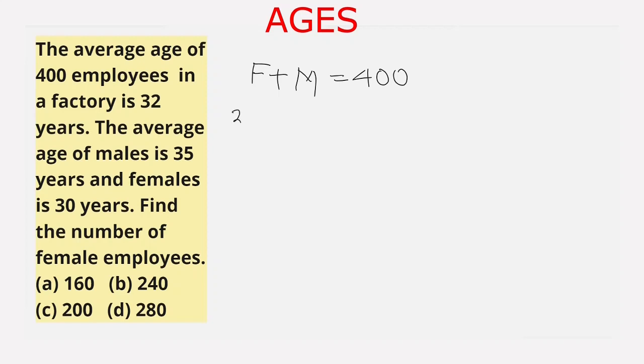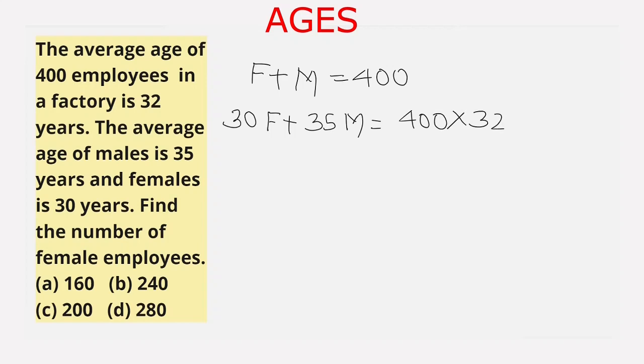So 30 times F is the total age of all the females in the factory, plus 35 times M is 400 multiplied by 32. This is the total age of all the employees.